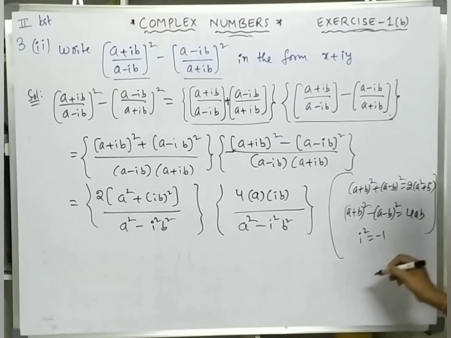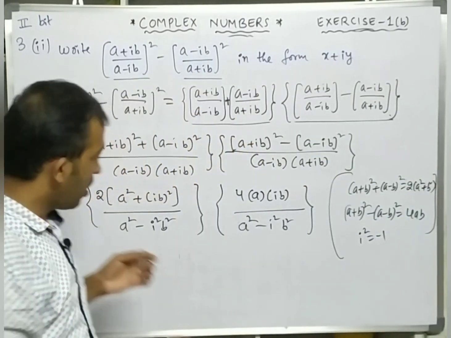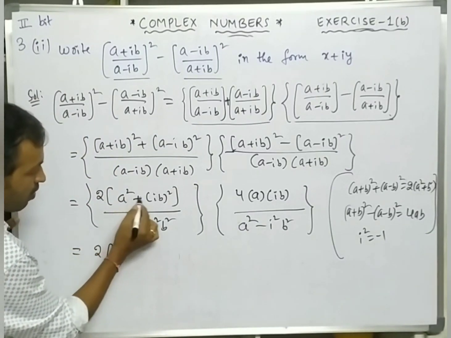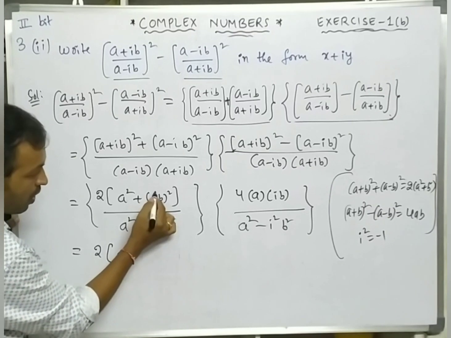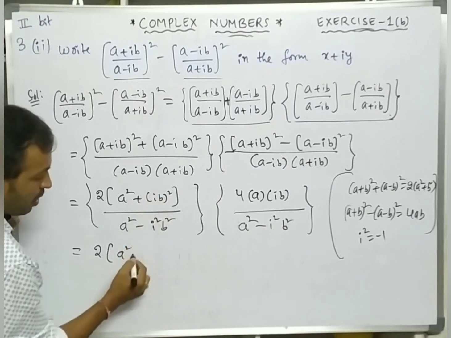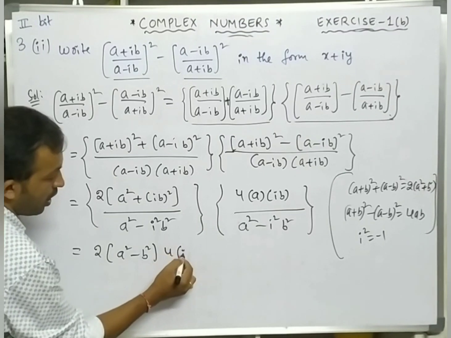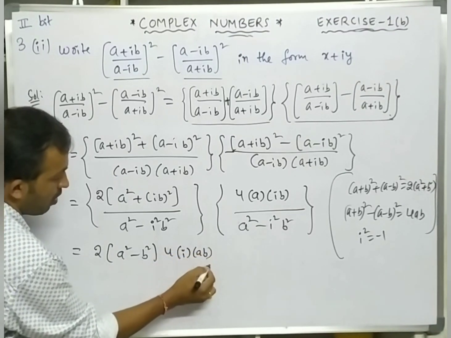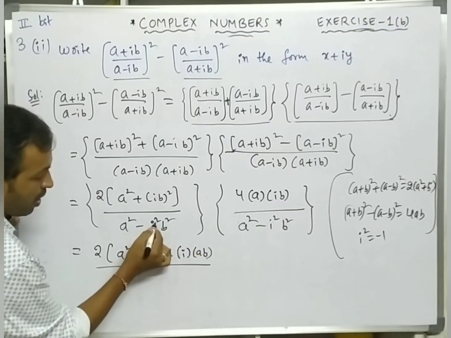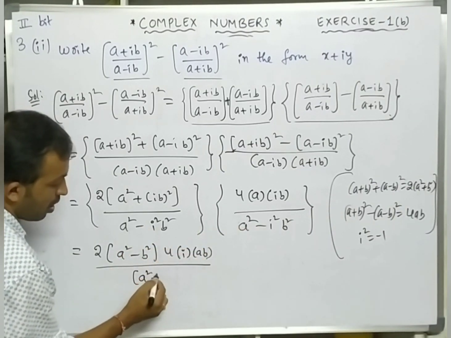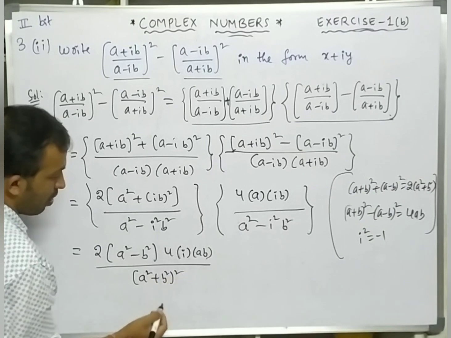i square is equal to minus 1. Okay, now 2 into a square, i square value minus 1 minus b square, so 4 into i into ab by here i square minus 1, minus into minus plus, a square plus b square whole square.